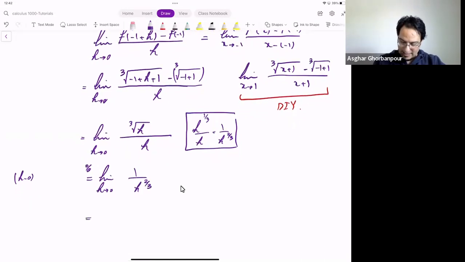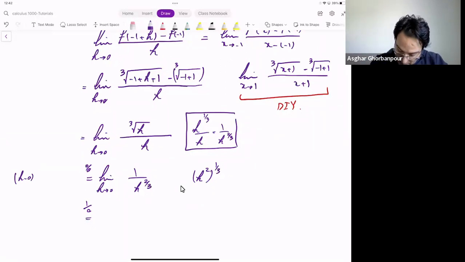We see that the numerator has limit 1, the denominator has limit 0. But since this is h squared to the power 1/3, it is positive. H squared is always positive.